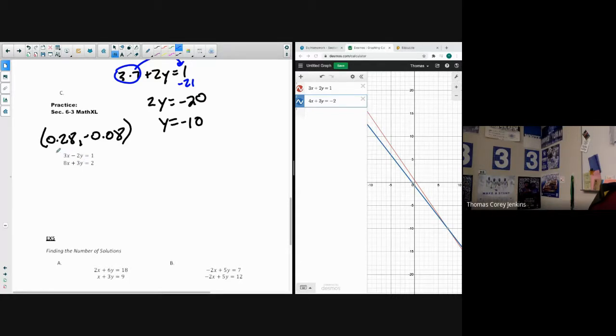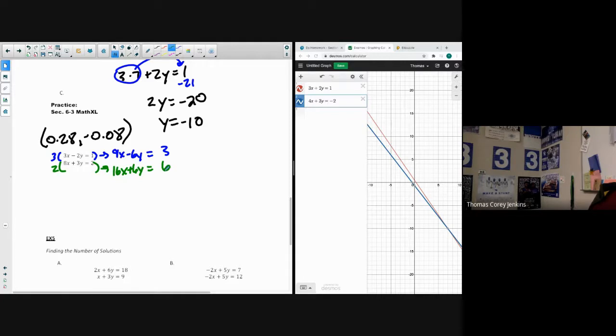So I'm going to multiply the top by 3, which is going to give me 9x minus 6y equals 3. And then the bottom one by 2, which gives me 16x plus 6y equals 6.